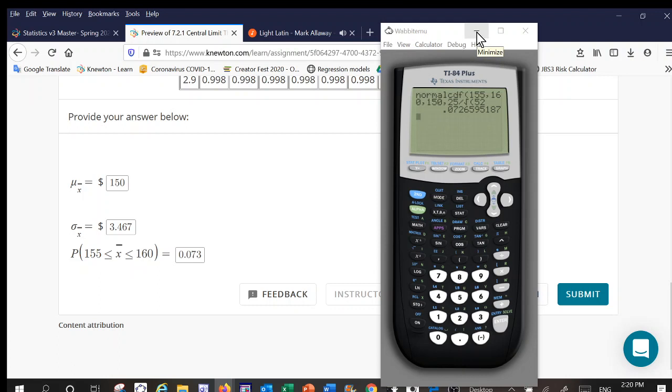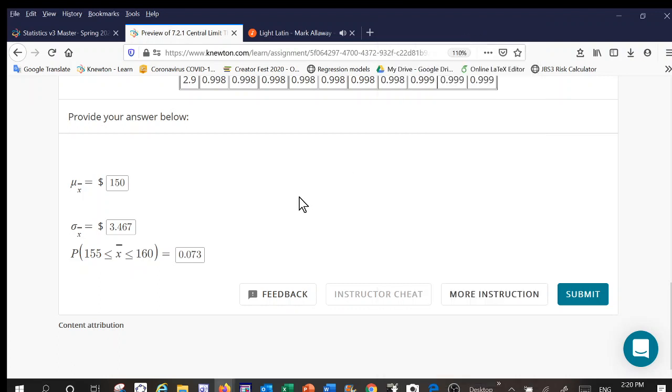Now, if you find a problem on Newton Alta and the answer that you get from your calculator is a little bit off, you could press this feedback here and send your answer and say, my calculator answer is a little bit different, your answer is off.